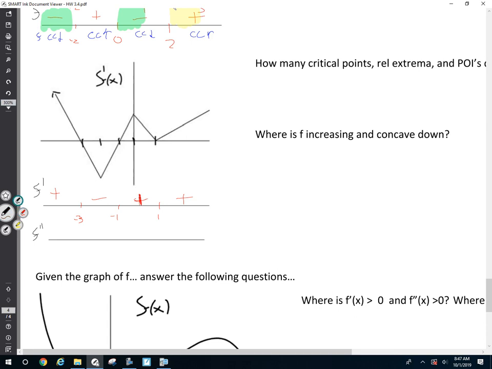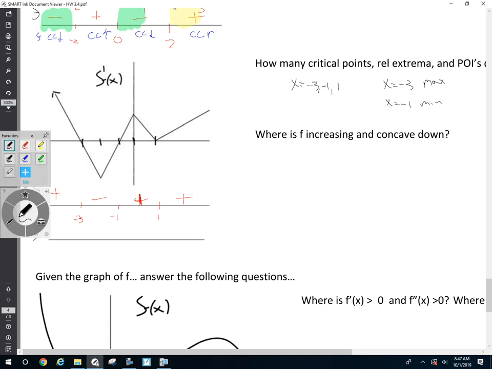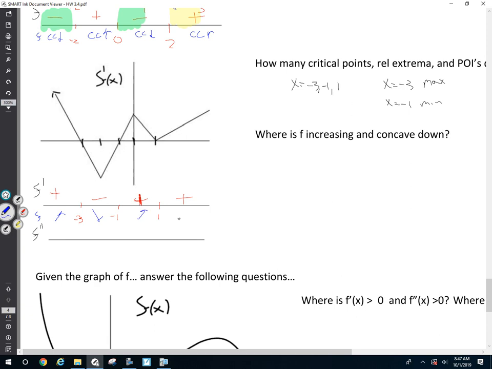I have 3 critical points, x equals negative 3, negative 1, and 1. I have 2 relative extrema. X equals negative 3 is going to be a max, and x equals negative 1 is a min. F is going up, going down, going up, flattening out, going up.